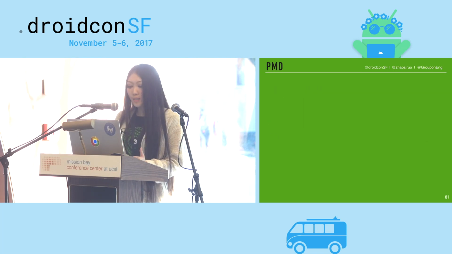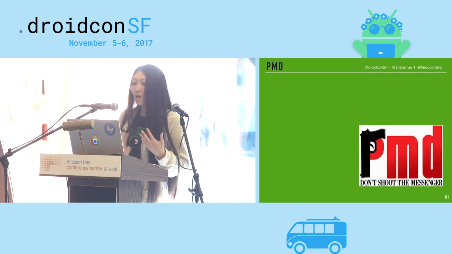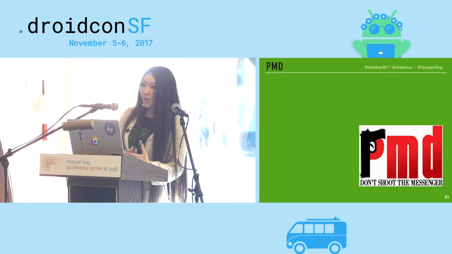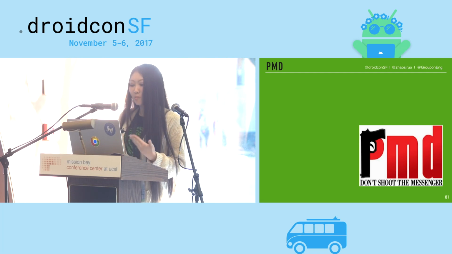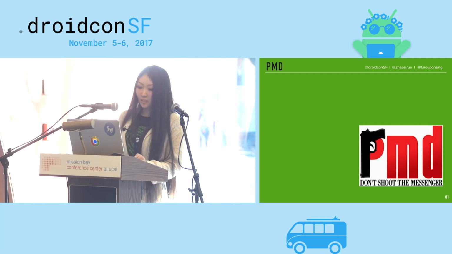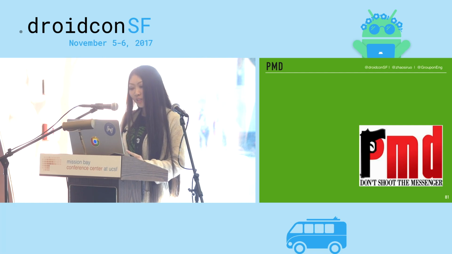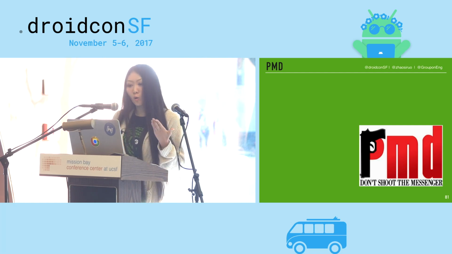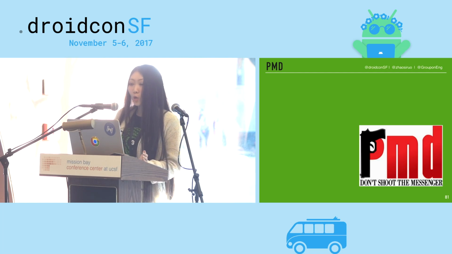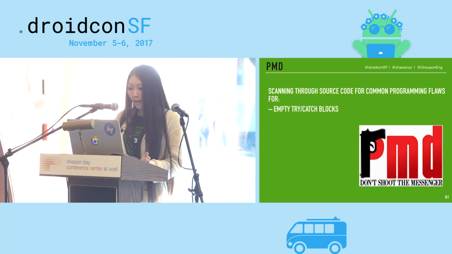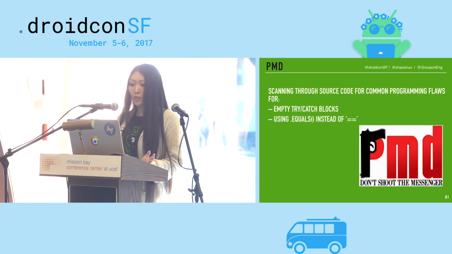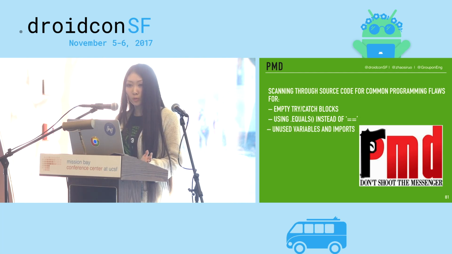The second one is PMD, which came around in 2002. Funny fact about this tool, there's not an official name for PMD. Some of the interesting name propositions are "pretty much done," "project meet deadline," and the one that sounds the most legit is "programming mistake detector." Instead of enforcing coding standard, it scans through the source code looking for common programming flaws such as empty try/catch blocks, using == instead of equals, or unused variables and imports.